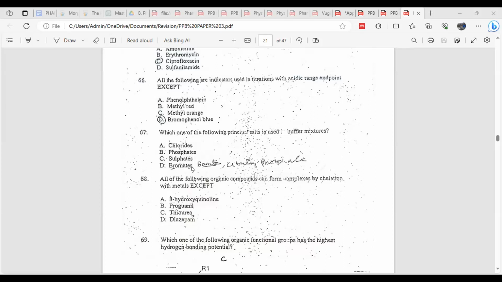That question was saying except, so we went with isomerism, the last one, because we said the other three affect crystal habit, chemical form and particle size. The last one we said doesn't affect. But it affects solubility. Which of the following principal salts is used in buffer mixtures?